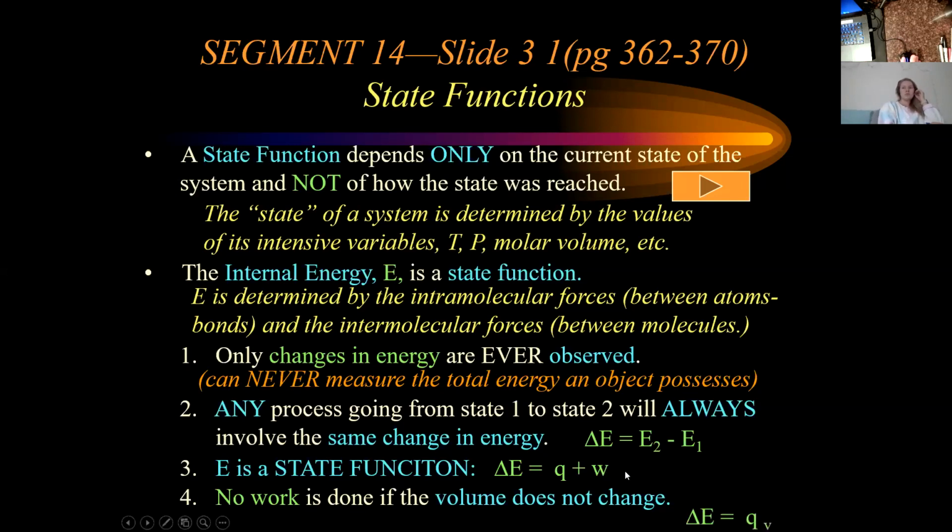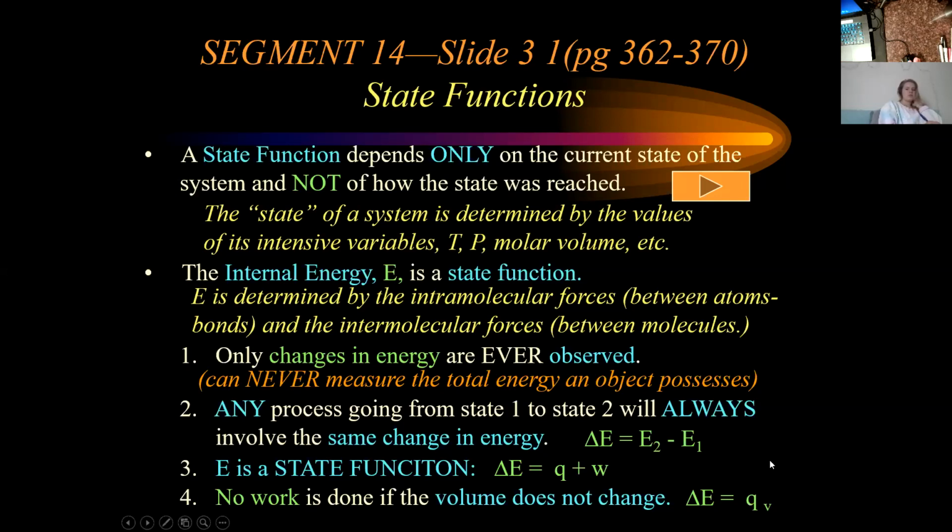Now look what this does. If I make the work zero, then I drop the work term out. I've subscripted this Q as Q when the volume is constant. That little V means the volume is held constant. Now I can do that experiment. I just told you about it. I put my stuff in the reaction in this bomb calorimeter. I cause the reaction to take place. I measure the heat flow. Now, actually, you don't measure heat flow.